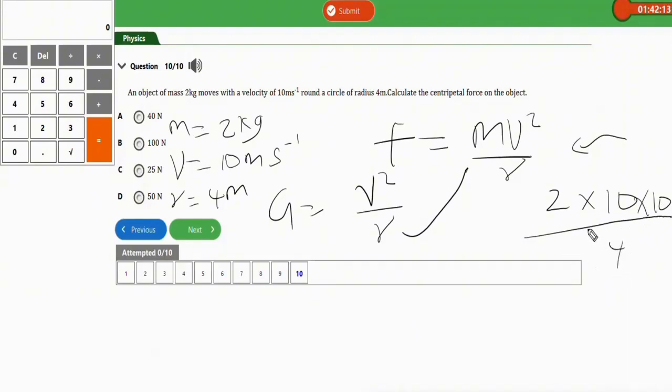So this cancels itself, we are left with 2, 2 cancels itself, 1 cancels itself, we have 5. So our final result, centripetal force, will be 10 times 5, which will give you what? 50 Newton. So the correct option in this question is option D, 50 Newton. It is as simple as this.